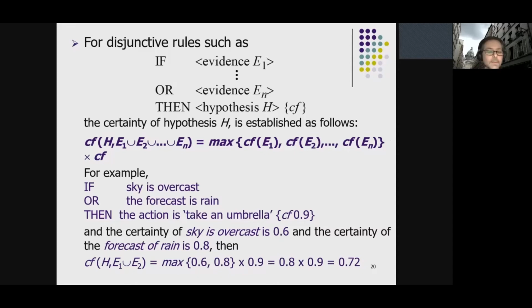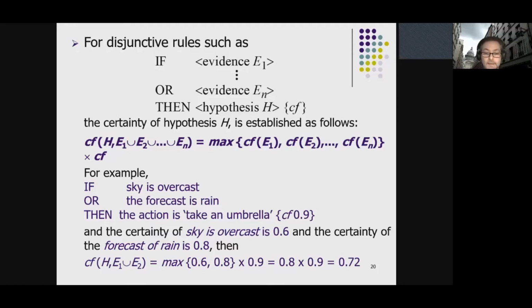If I go again through a similar kind of rule, if sky is overcast or the forecast is rain, then the action is take an umbrella with certainty 0.9. Okay. So let's say that the certainty of sky is overcast is 0.6, according to the output of another rule or the kind of evidence that the system currently receives, the data that the system receives.